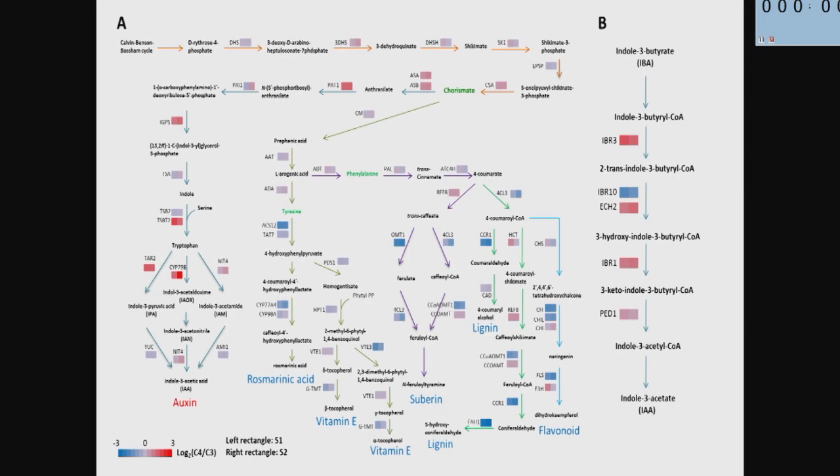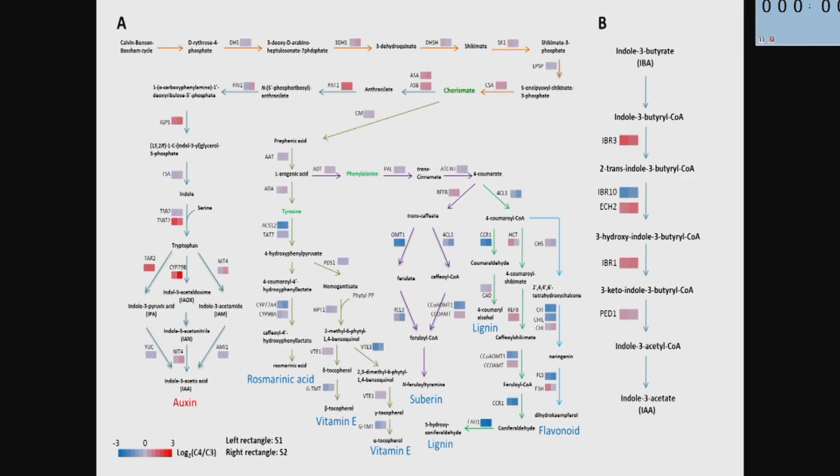What I want to show is, in this color bar, red is high in C4 plant and blue is high in C3 plant. Before this stage, you can see there's no differentiation between C3 and C4 plant, but after that, you can see it's red, so its expression is higher. That may explain why auxin level is higher in C4 plant than in C3 plant.